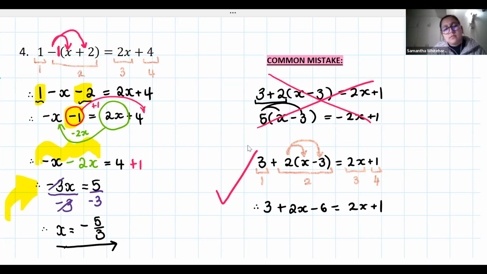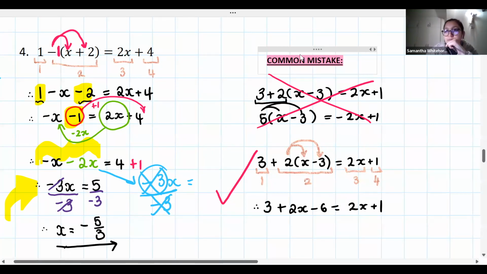So do we have to divide 3x by negative 3? Yes, because remember, minus x minus 2x gives you minus 3x. And because we don't want the minus 3, that's what we're dividing by, to essentially divide it away. Okay, ma'am. Thank you.